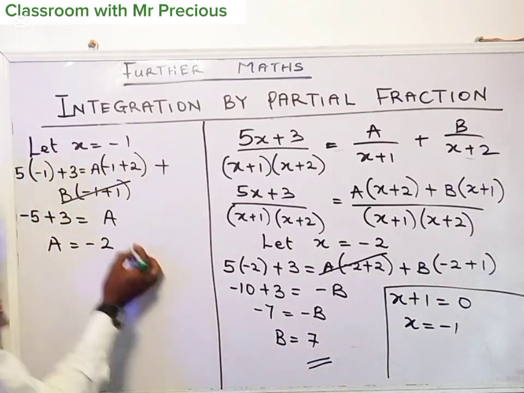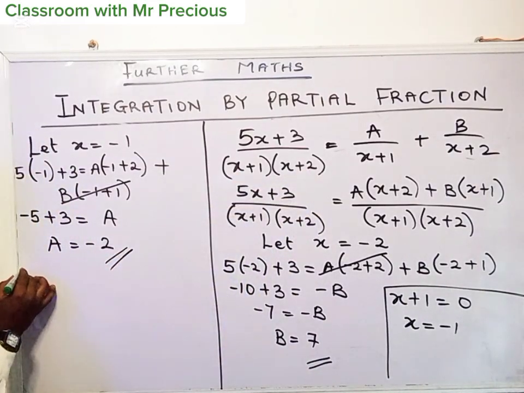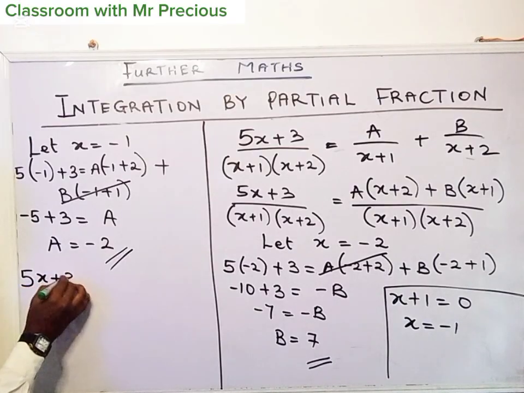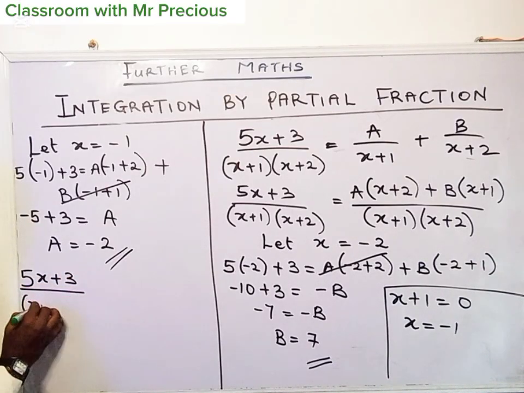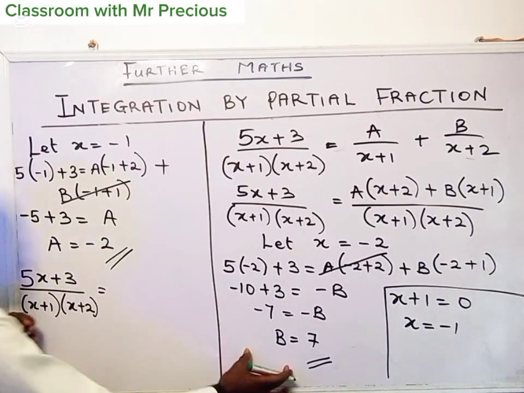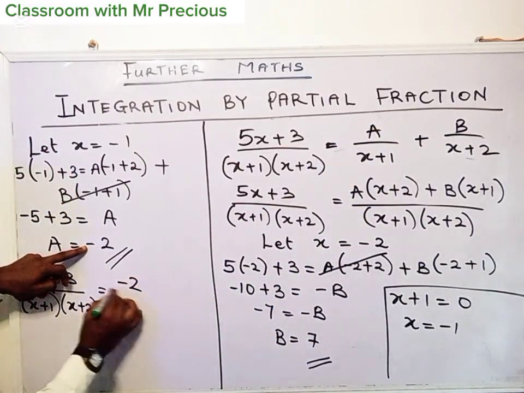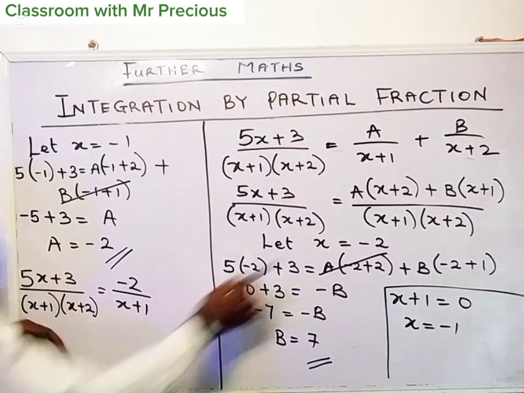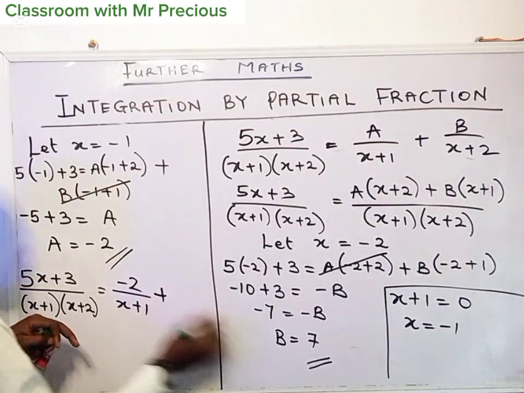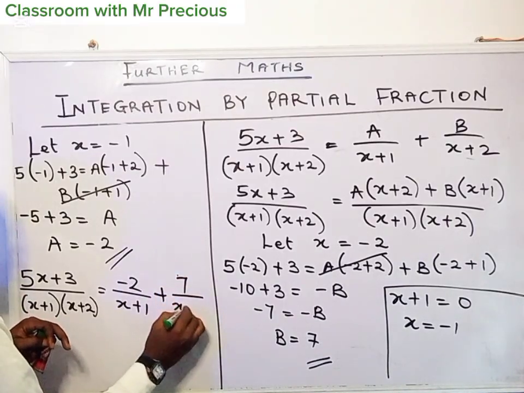and B is 7. So that means this fraction, which is 5x plus 3 all over x plus 1 times x plus 2, we have been able to divide into A and B. Now this A is minus 2 all over x plus 1, see it here, plus this B is 7 all over x plus 2.